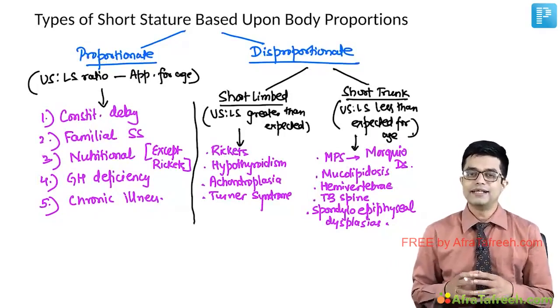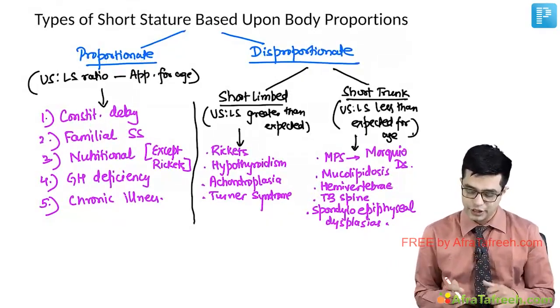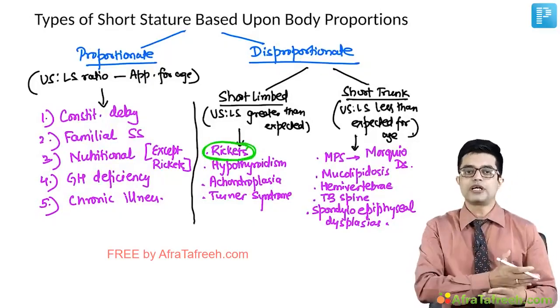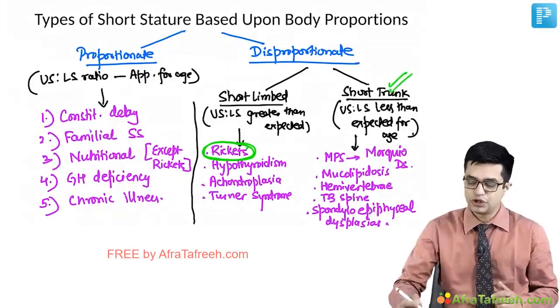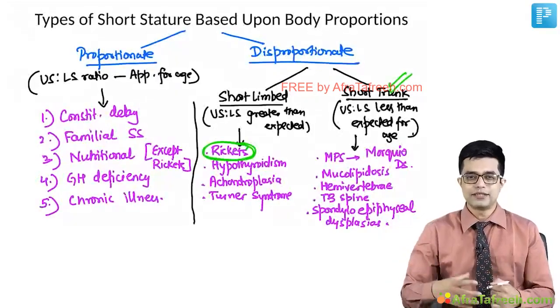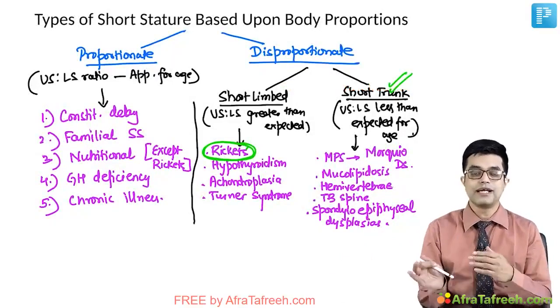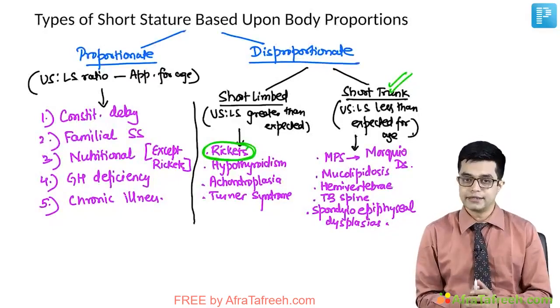They all say that some children with rickets can also produce short trunk short stature. So remember that rickets, if you have to choose one, causes short limb short stature, but in some patients it can also cause short trunk short stature. This depends upon whether the central axis is involved or the peripheral limbs are more involved. So you can have either type of disproportionate short stature in patients with rickets.